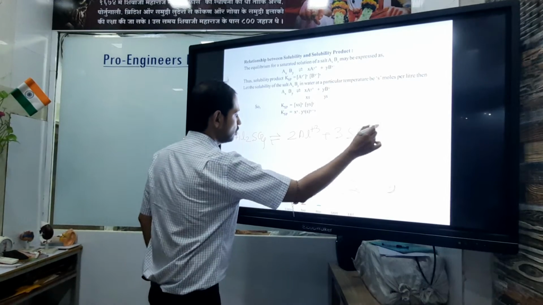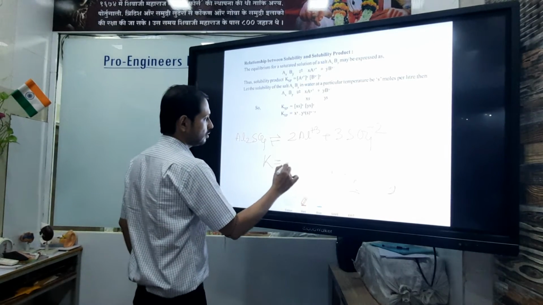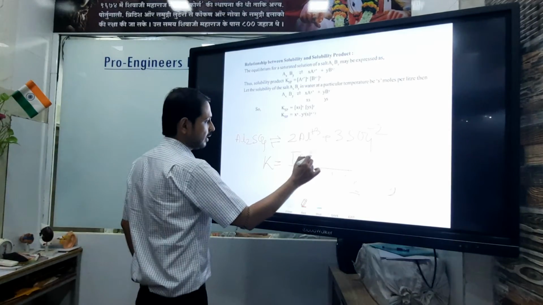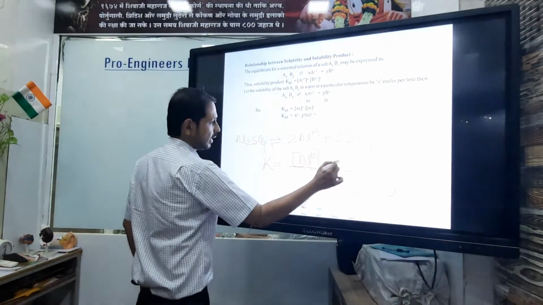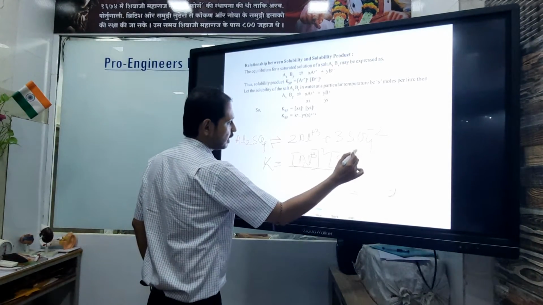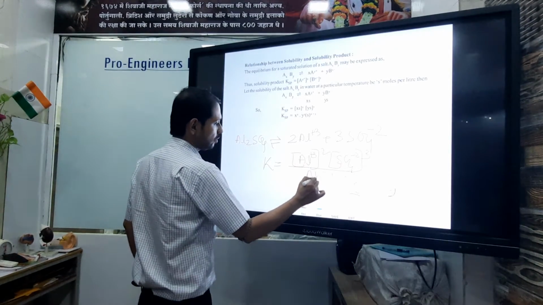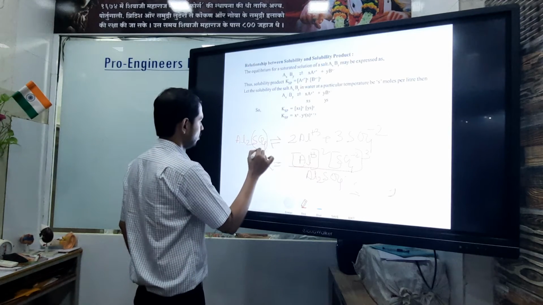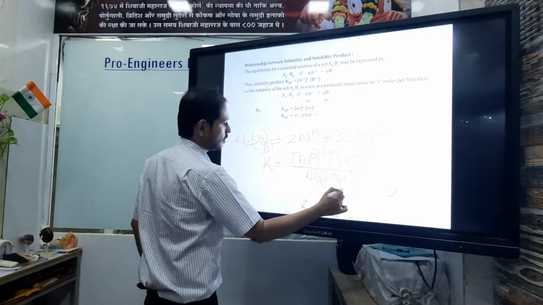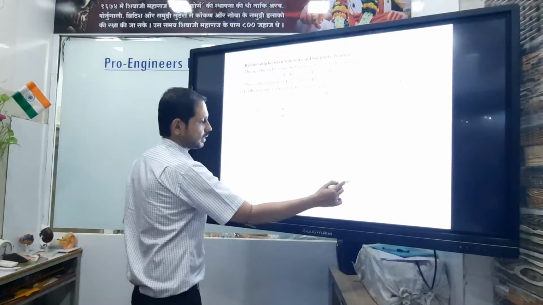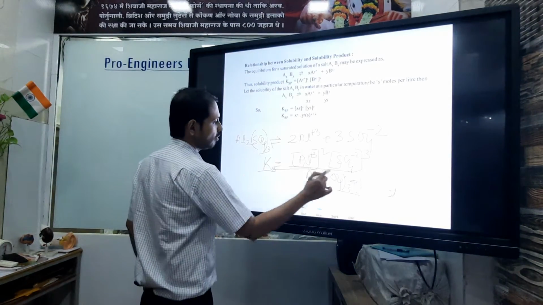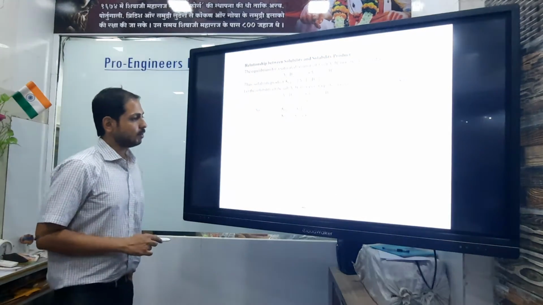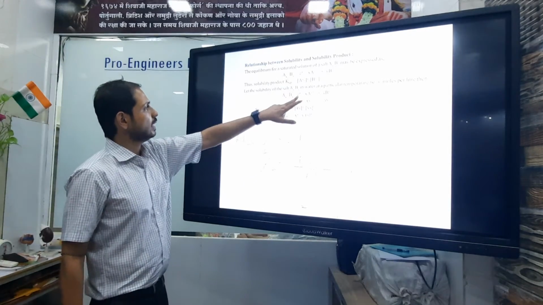If we write the equilibrium constant, the product of Al3+ raised to 2 and SO4 2- raised to 3, divided by Al2(SO4)3, which we consider as 1. So the solubility product is only the multiplication of the concentrations of cations and anions.